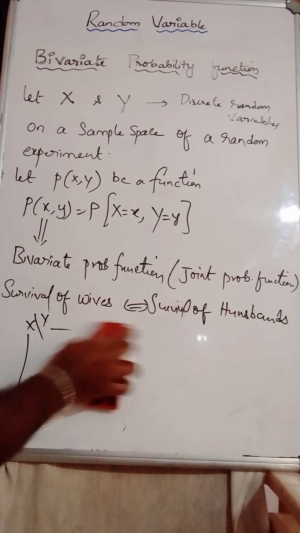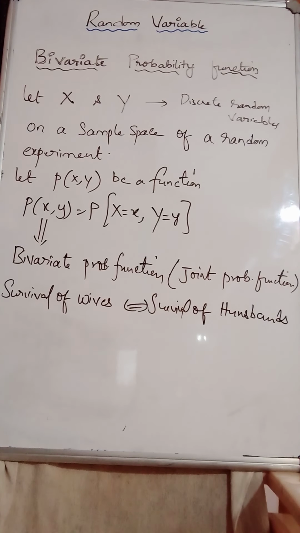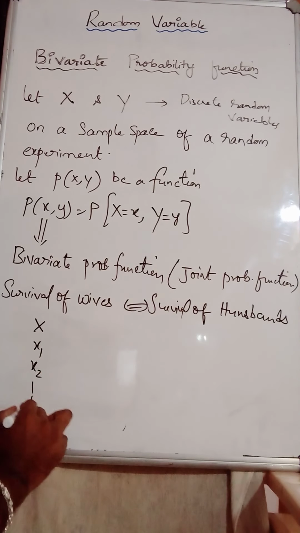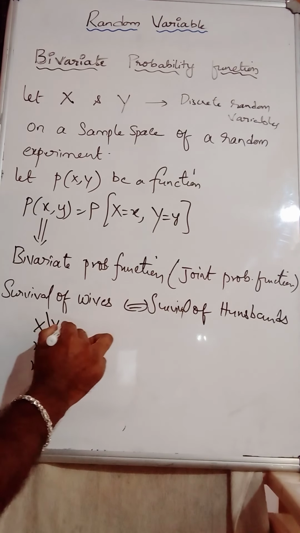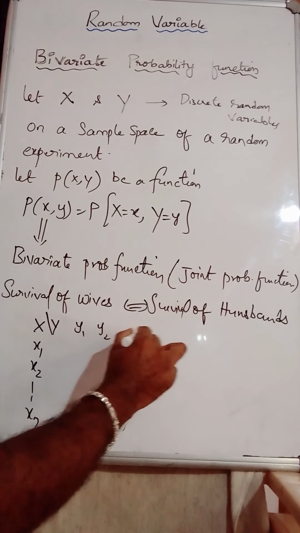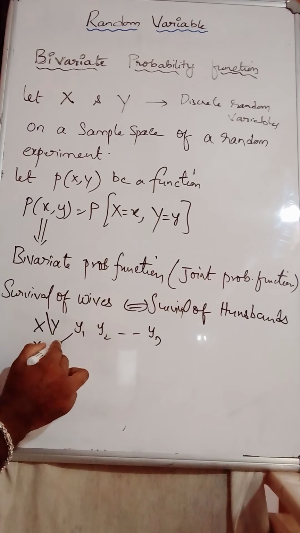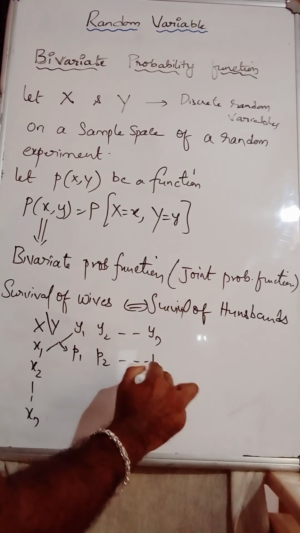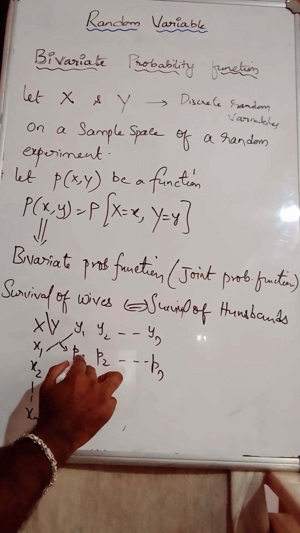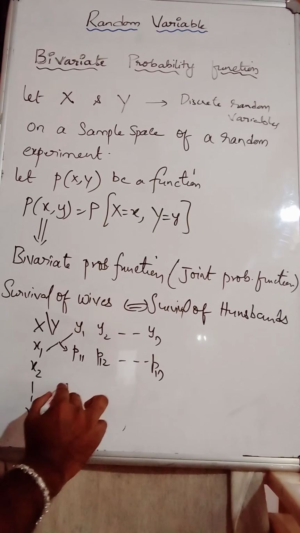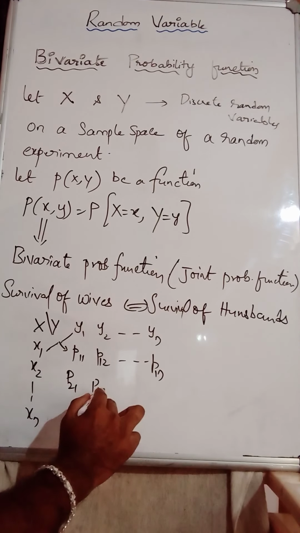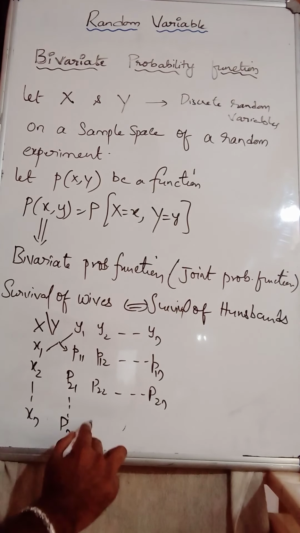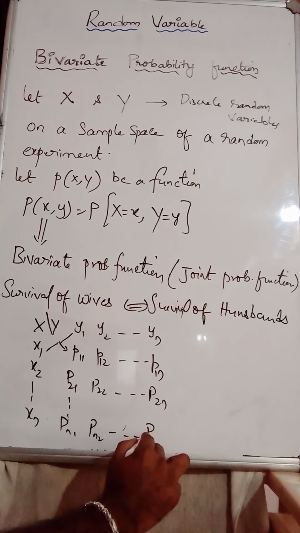See, real values of x and y. How to write it? Capital X, small x1, x2 and so on xn, capital Y, y1, y2 and so on yn, and the concerning these two probability p1, p2 and so on pn, p11, p12 and so on p1n, and p21, p22 and so on p2n. Similarly pn1, pn2 and so on pnm.